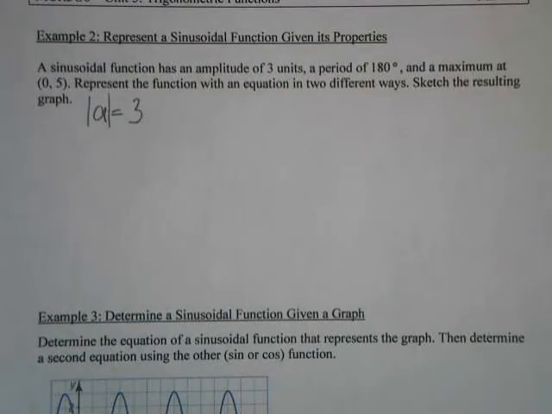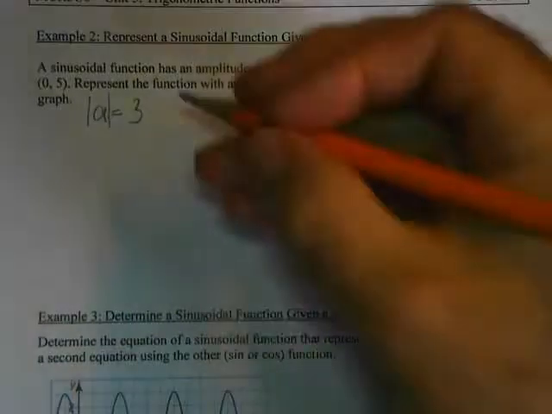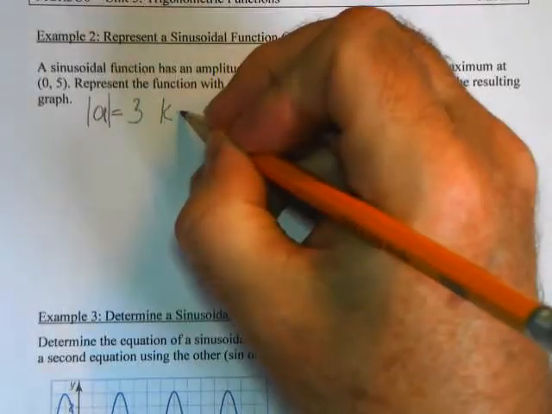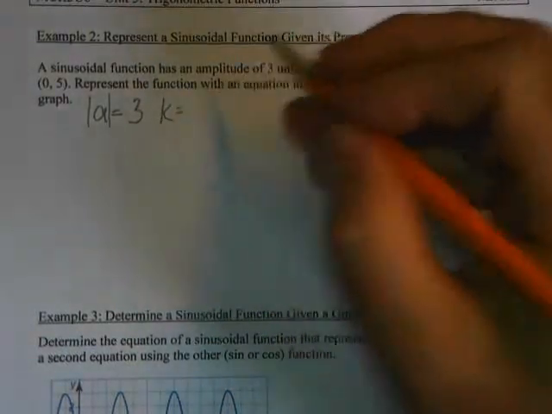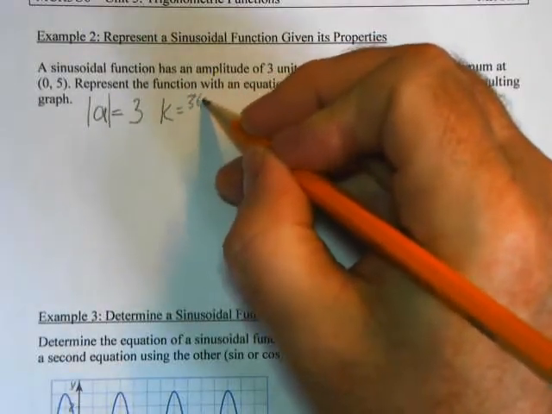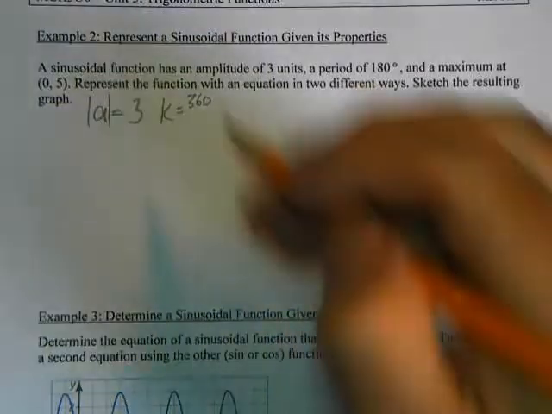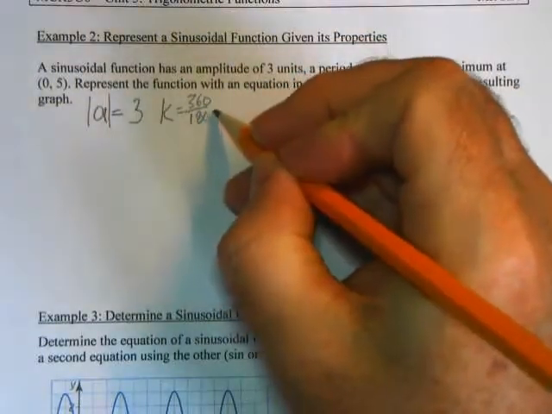So A could actually be positive or negative 3, so we're not entirely clued in on what A is yet. K is 360 divided by the period, which they've just told us is 180, so that tells us K is 2.